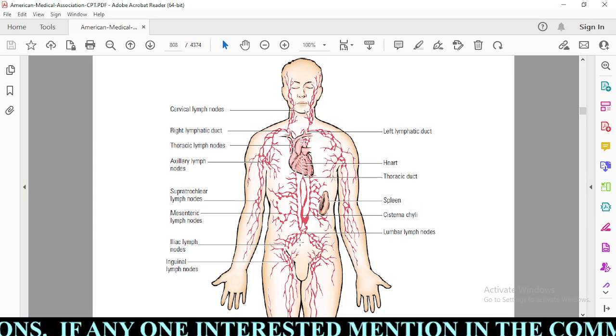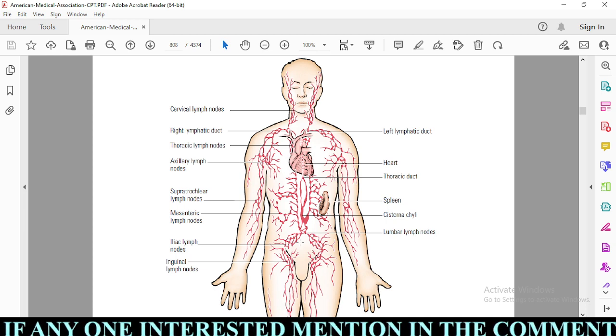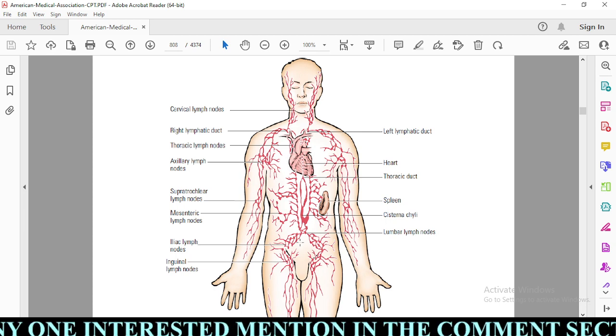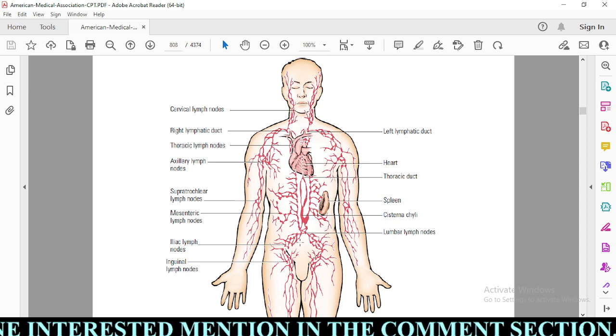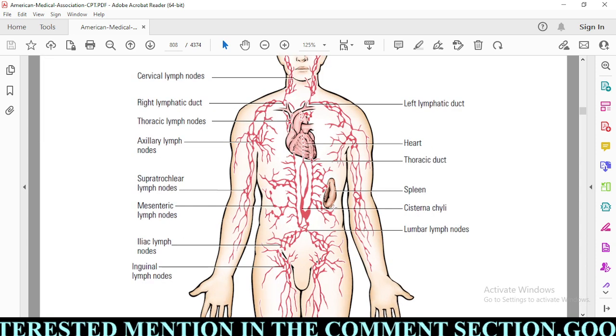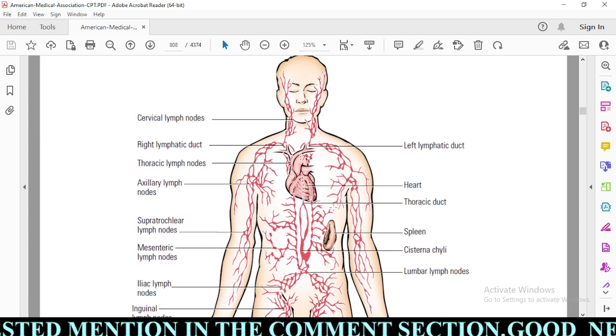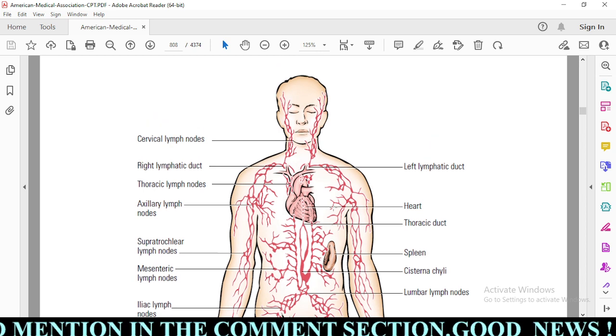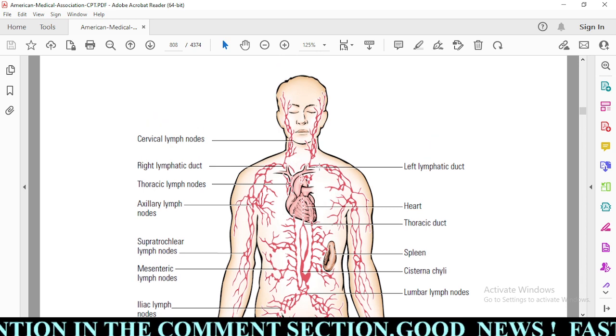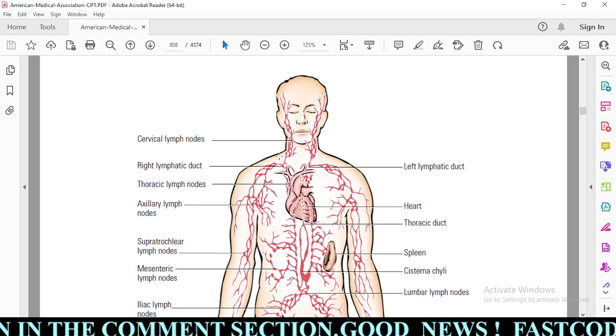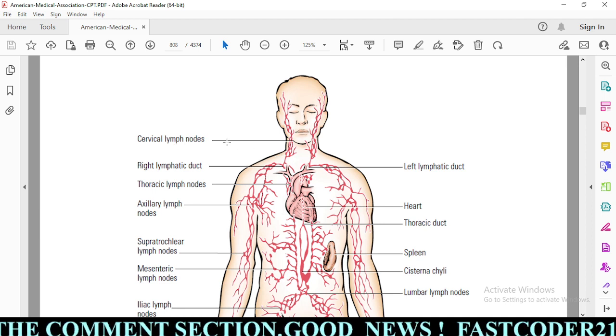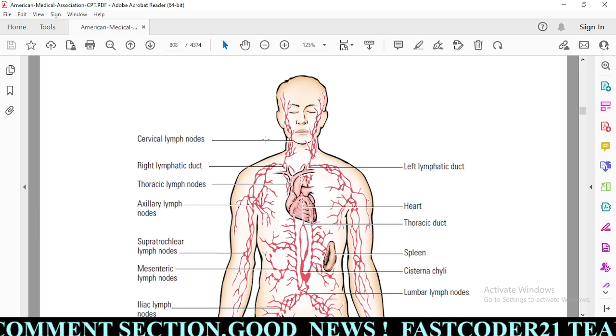As usual, if you are going to learn any type of procedure coding, we need to know the anatomy. So here we will try to learn a few anatomy charts. This anatomy chart is related to the lymphatic system. If you see here, in each and every area we have lymph nodes.